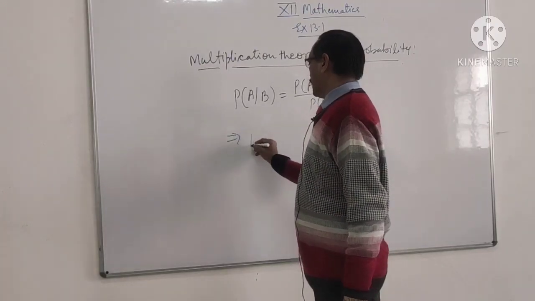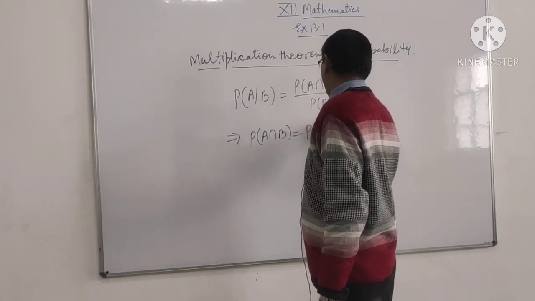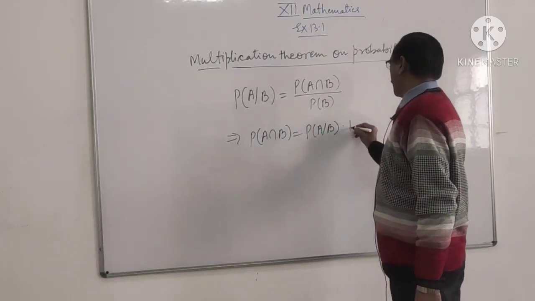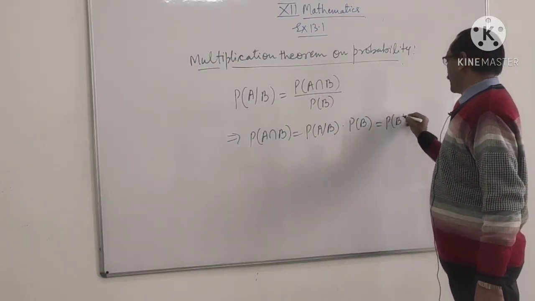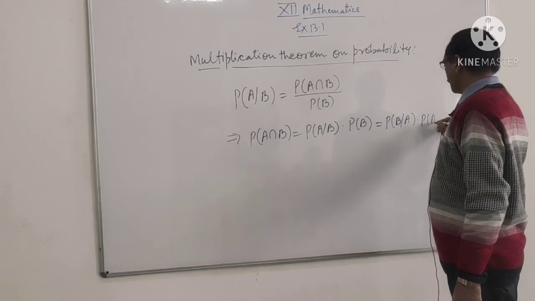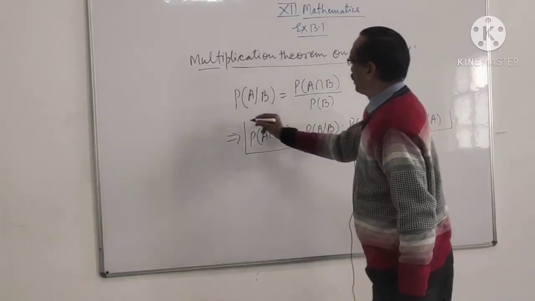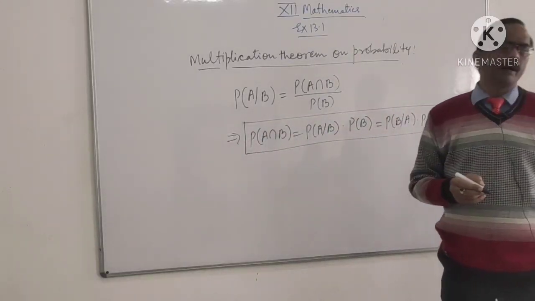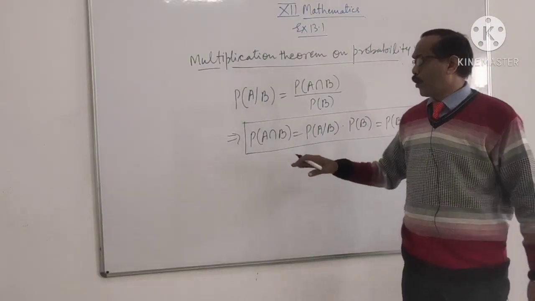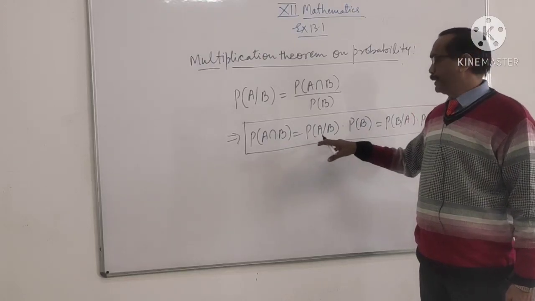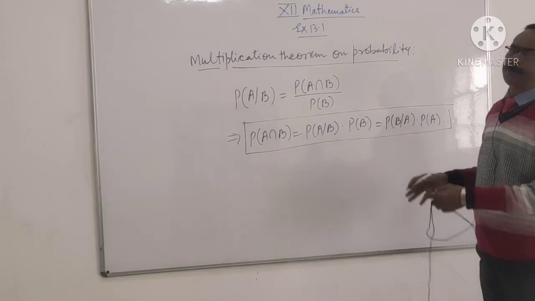From this, we can write P(A intersection B) equal to P(A|B) into P(B), or also P(B|A) into P(A). This is called the multiplication theorem on probability. Whenever we want to find the common probability of two events, it is equal to P(A|B) into P(B) or P(B|A) into P(A).